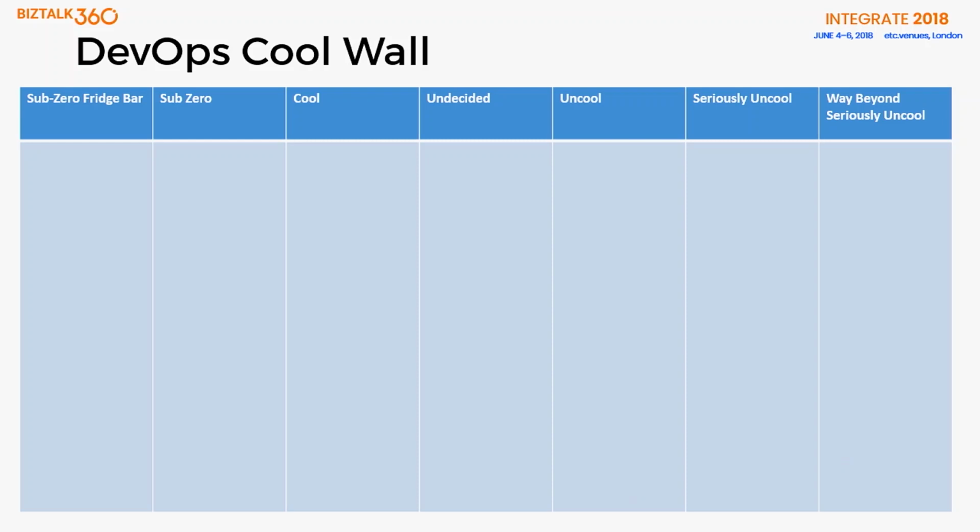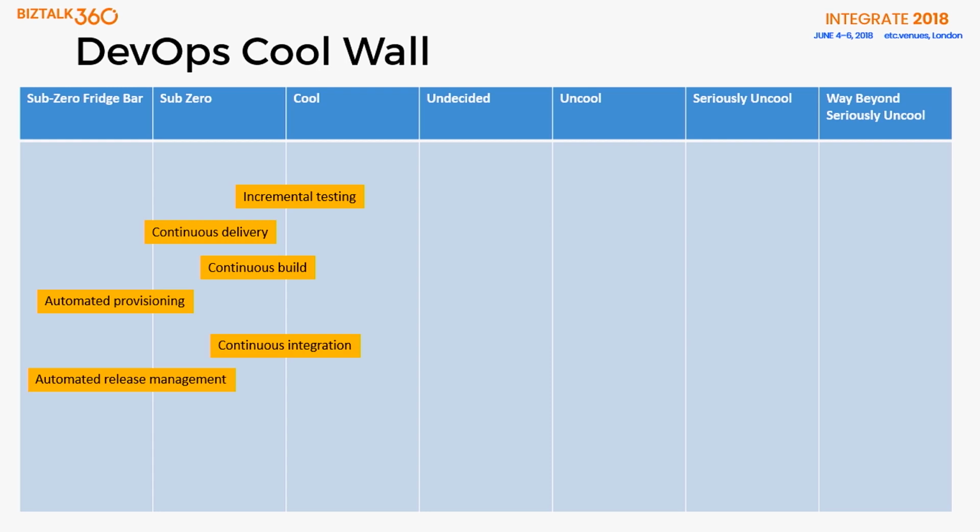So if we think about DevOps with that in mind, I threw up there a cool wall for DevOps. Most people would be familiar with all the things that are considered to be the usual DevOps practices, like automated tests, automated deployments, automated build, all those things that people like talking about. But the one that people never really talk about is that your DevOps team always has these other processes it has to deal with.